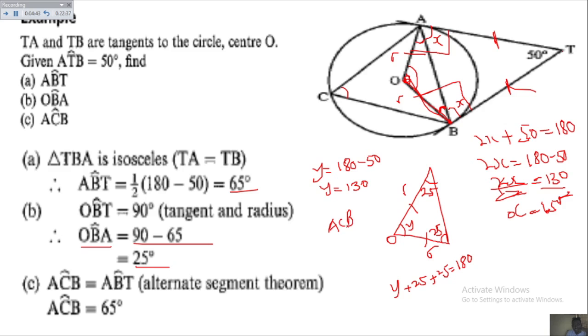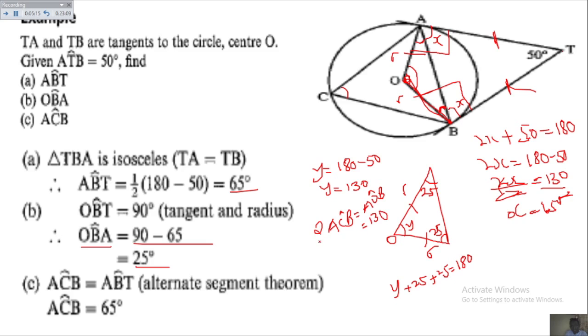Automatically ACB, I've told you that you can get two of ACB. I can see two of ACB in what? In AOB. And this one is 130.